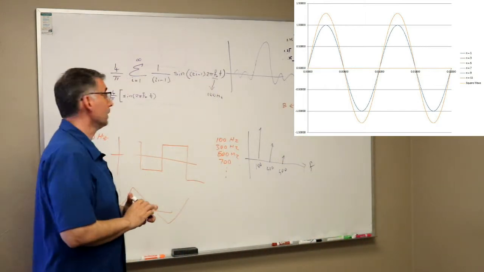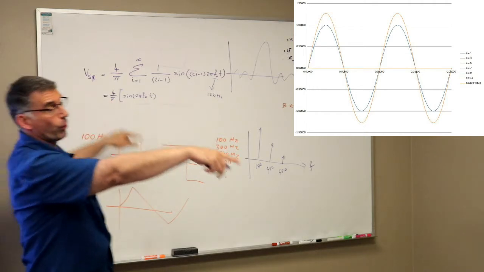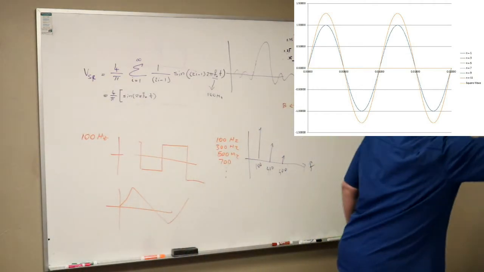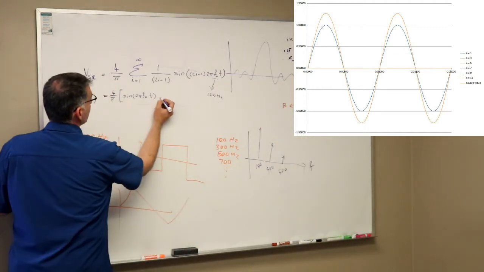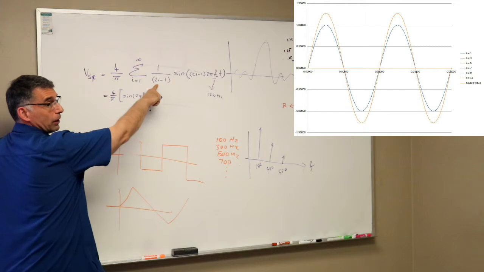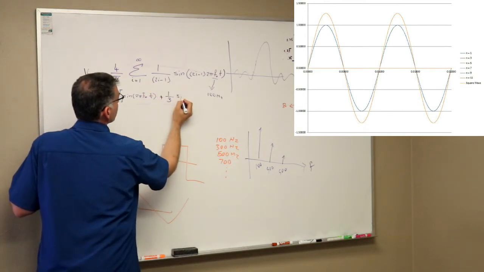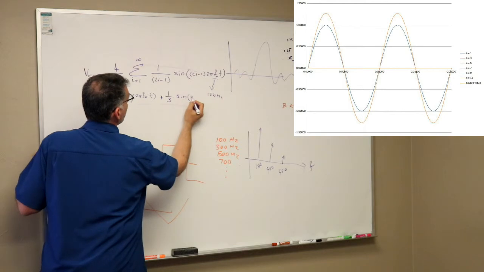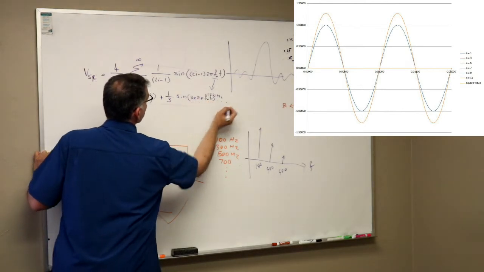It's scaled by 4 over pi to give you the orange one. Then if i is equal to 2, what do I get? 2 times 2 is 4, minus 1 is 3, so I'm going to get 1/3 sine of now 3 times 2 pi f naught t. And you just keep going like that.